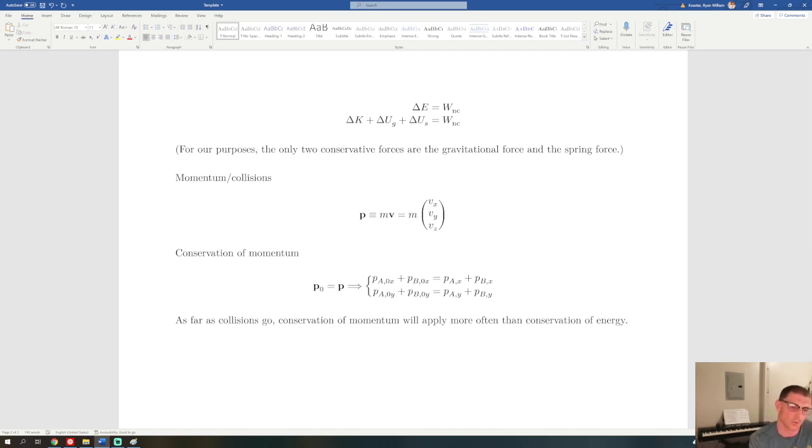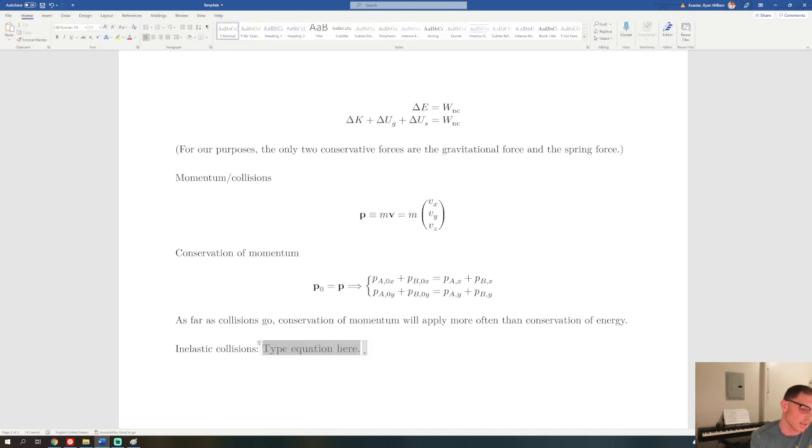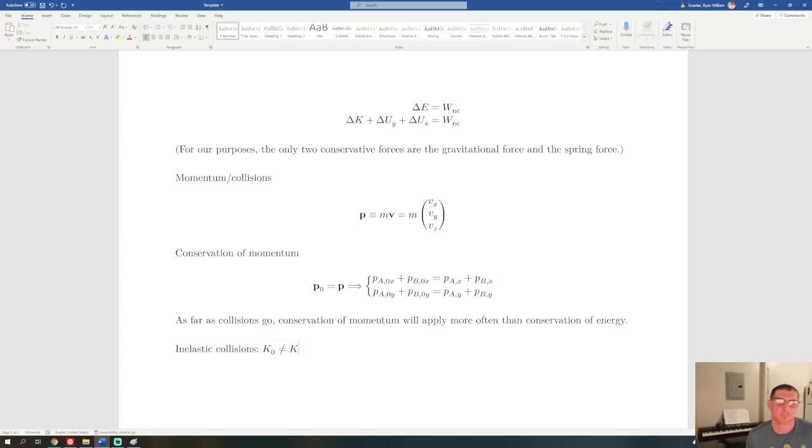So for inelastic collisions, let's say that K initial is not equal to K final, right?